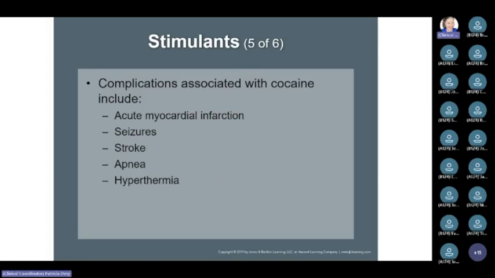That's a big one. You can have lethal arrhythmias that you're going to see when these happen. Seizures, stroke, apnea, hyperthermia. When you see this, worry about these things happening. Always be in the back of your mind: okay, I need to do a strip on this person and see where their EKG is.